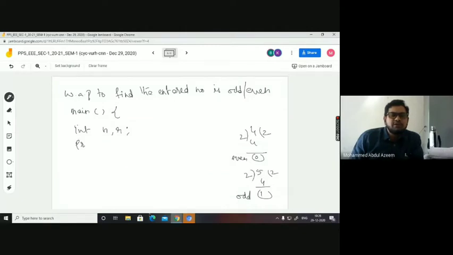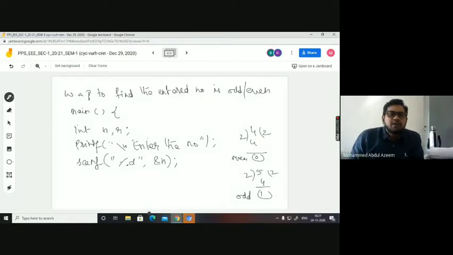So we will be having printf, enter the number. We will read it through scanf, right? %d, &n, right?